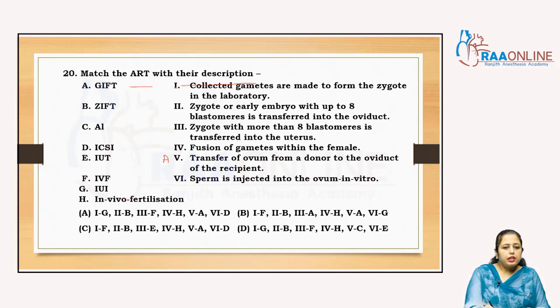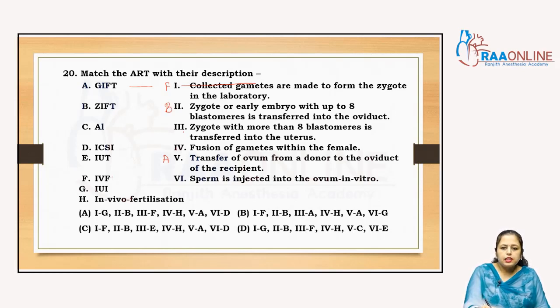When we talk about the laboratory, it is in vitro fertilization, that is IVF. Clear? Then the second, the zygote or early embryo with up to 8 blastomeres is transferred into the oviduct. That is called ZIFT. Clear?